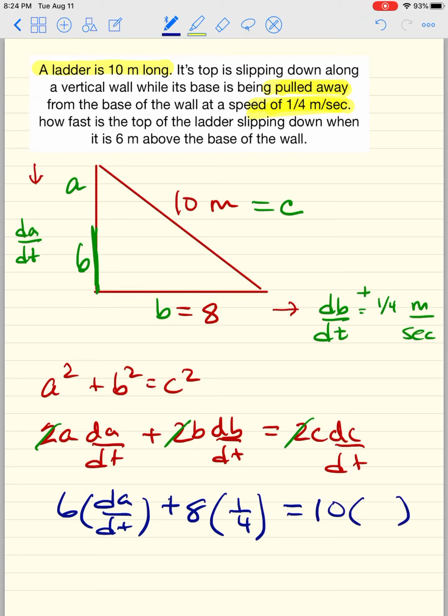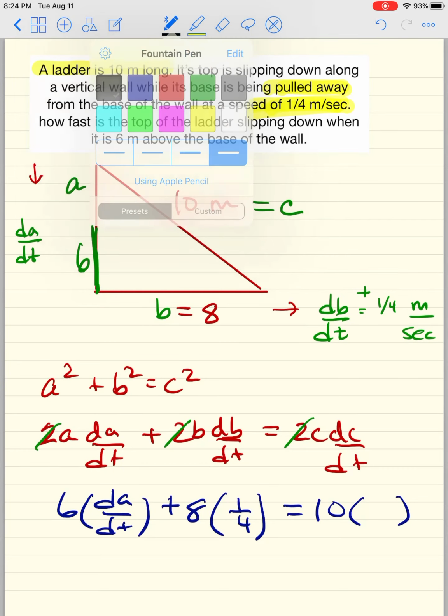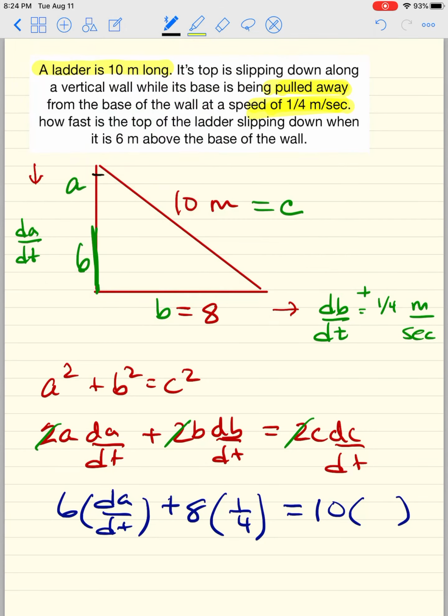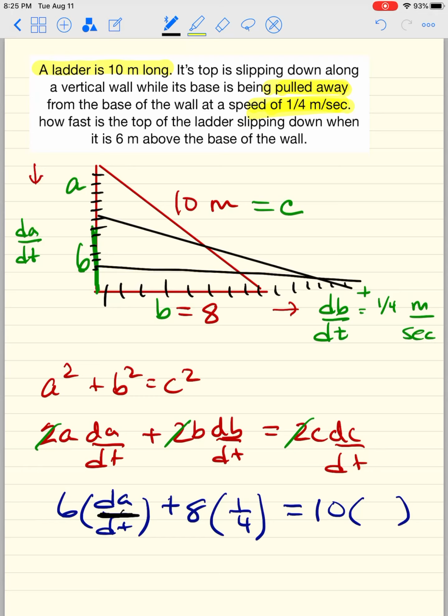c is 10. Now, if you remember from the other video, this wall is going to be shrinking in size because the ladder is slipping down. So that's changing. That's why we have dA/dt. This base is actually going to be getting longer because it's slipping down, until the ladder gets all the way towards the floor.